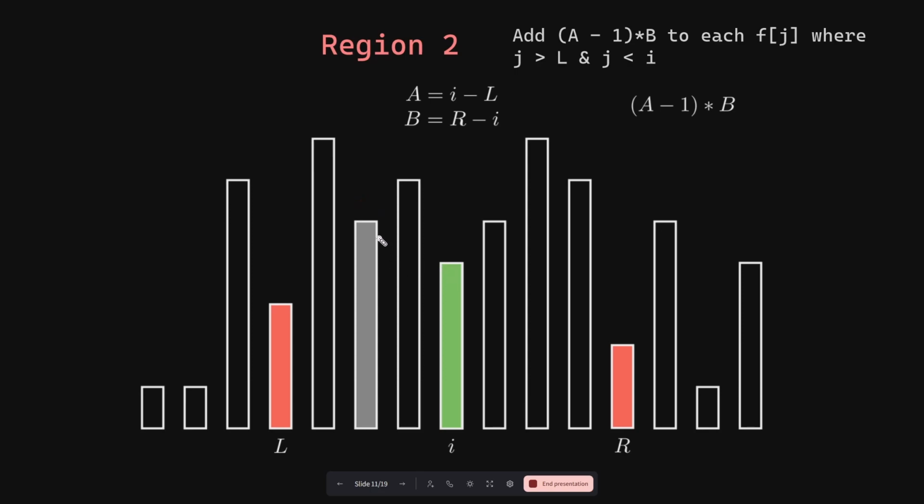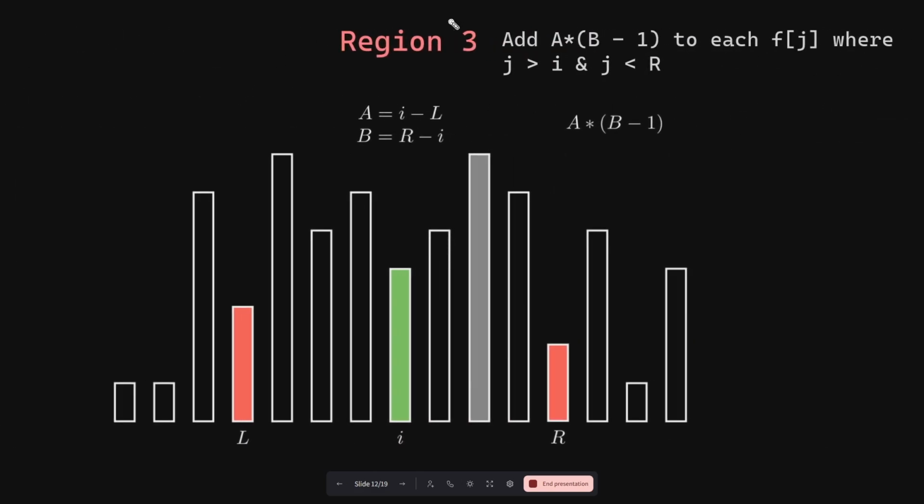You will notice that since this element is gone, the number of choices for the left endpoint has reduced from a to a minus 1, because one element is now missing from region 2, but the number of choices for the right endpoint still remains b. So that is why the total number of subarrays in the new smaller array in which this element is the minimum would be equal to a minus 1 into b. So we can iterate over each of the elements in region 2 and add a minus 1 into b into a of I to their f value.